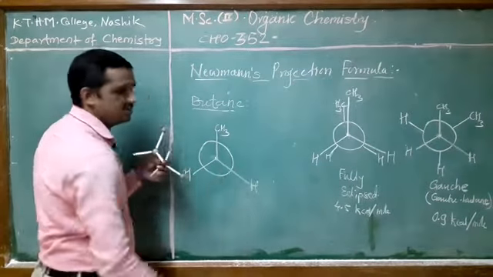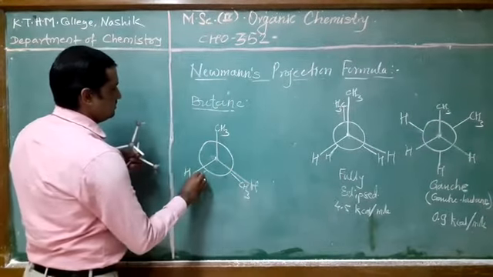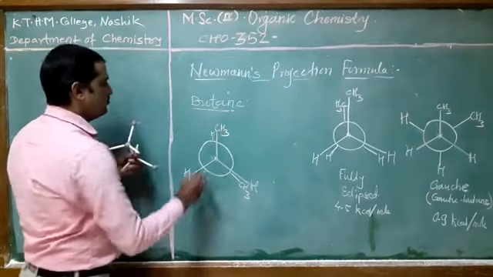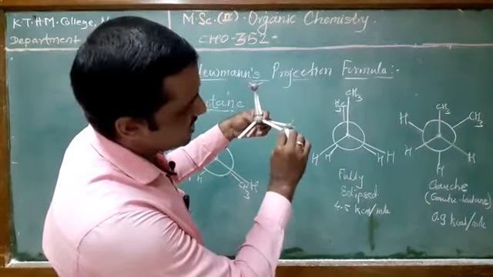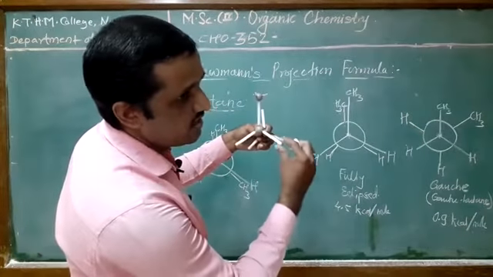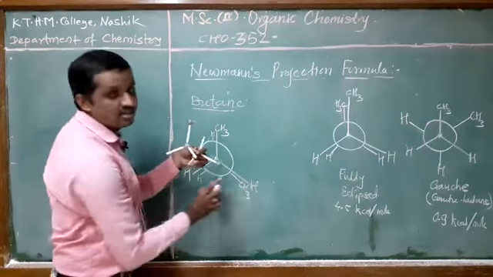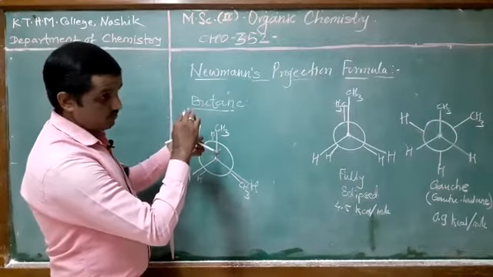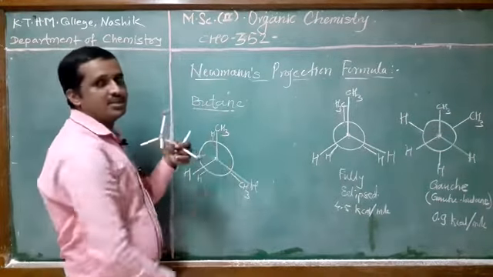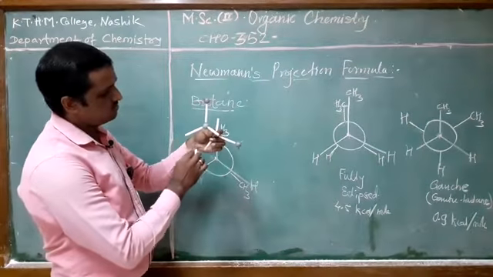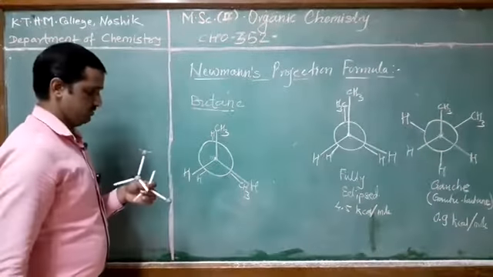This is an eclipse conformation. The front carbon's hydrogen and the backside carbon's CH3 are in eclipse condition, and likewise H and CH3 again. The front carbon's CH3 and the backside carbon's hydrogen are in eclipse condition. And the hydrogen of the front carbon and the backside hydrogen are also eclipsed.